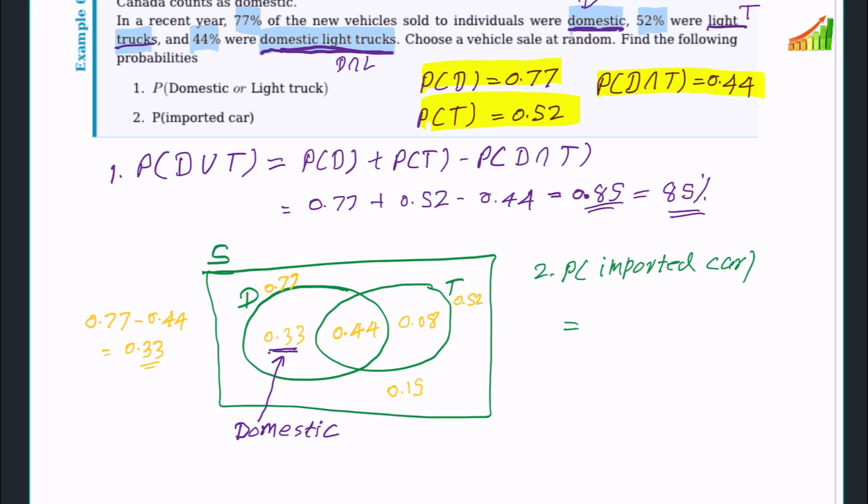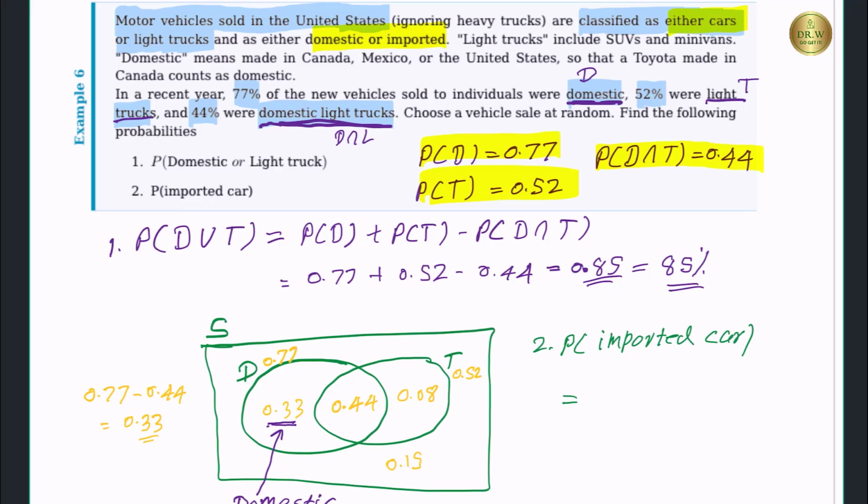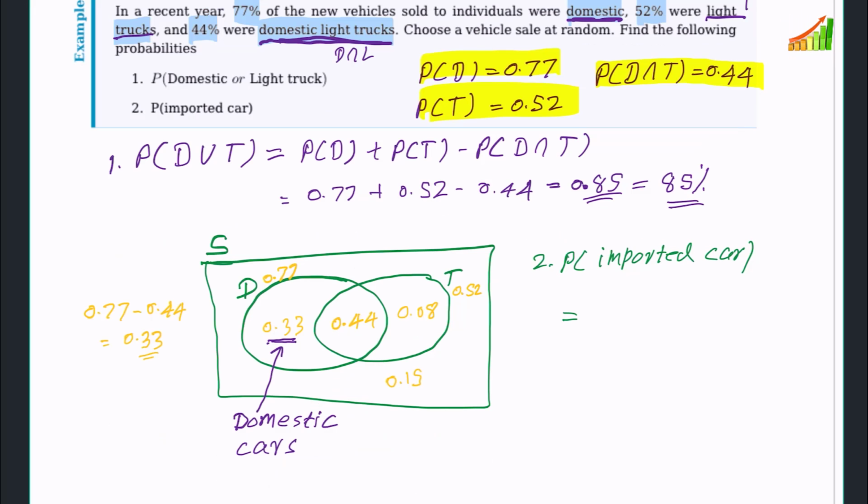There are two groups here, either cars or light trucks. So the T is the light trucks. Therefore, out of the T circle, that is the cars. The point 33 is the probability of domestic cars.